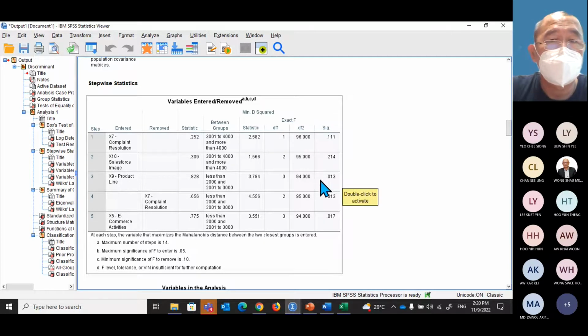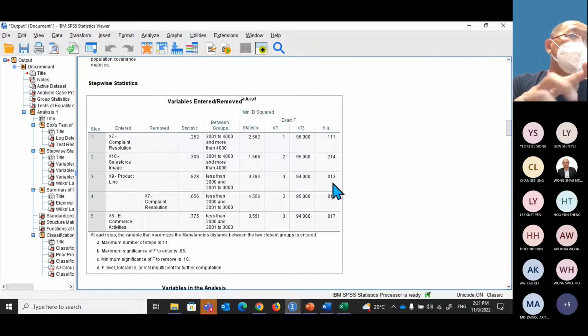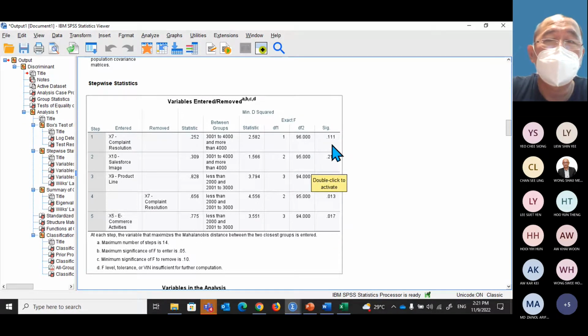Here it is less than 0.05, therefore they include this. Because in the model, only one variable can be entered at a time. Among the variables, the p-value of this is the smallest, therefore they enter.